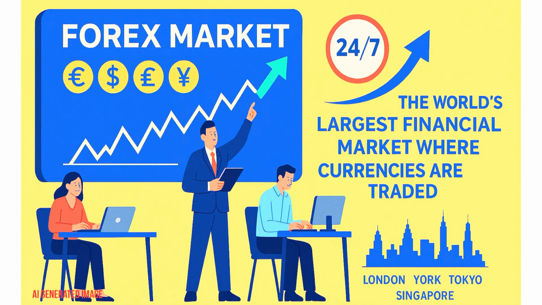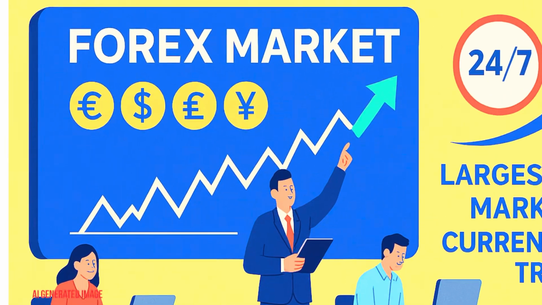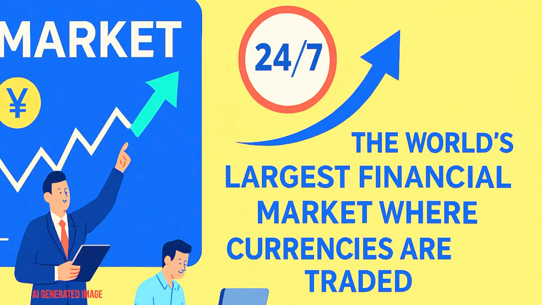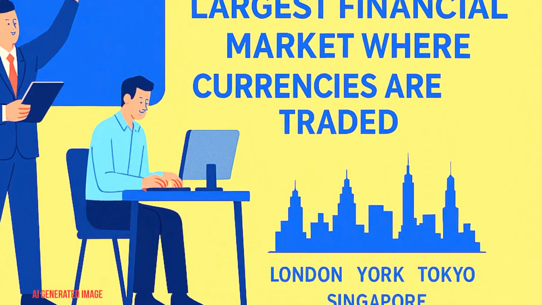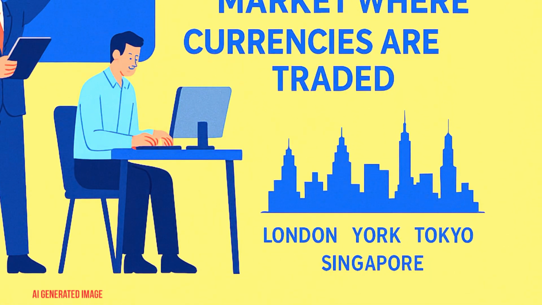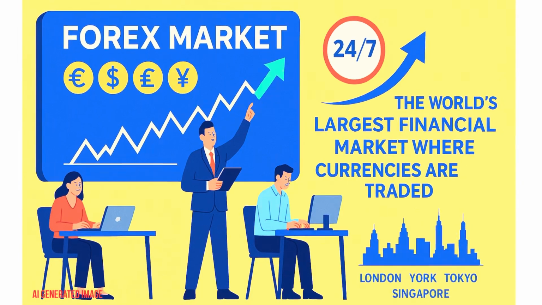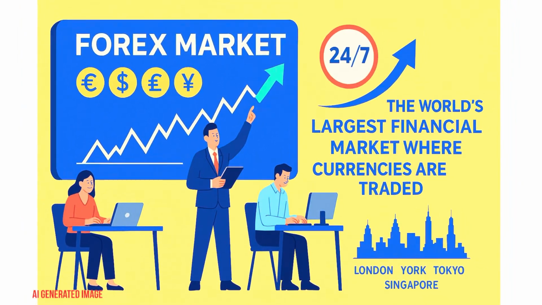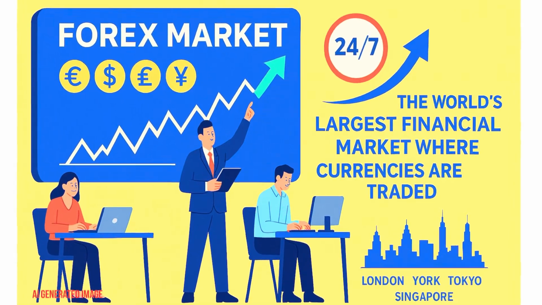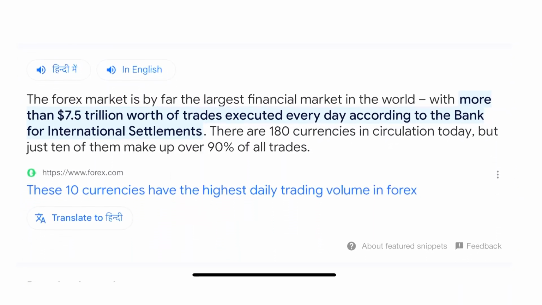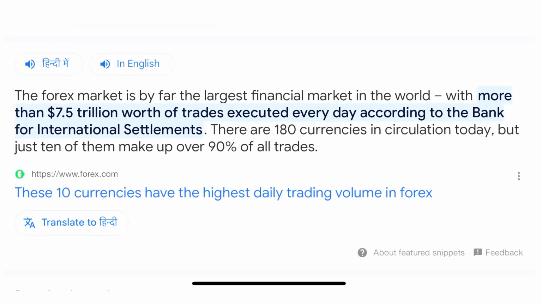Exchange rates are decided in the foreign exchange market, or the forex market, which is also the world's largest financial market, where currencies are traded 24/7 across different locations like London, New York, Tokyo, Singapore, etc. Every second, traders, banks, businesses, and governments are buying and selling these currencies, and these actions determine the exchange rate. Here's a fun fact: around $7.5 trillion is traded every single day in the forex market.